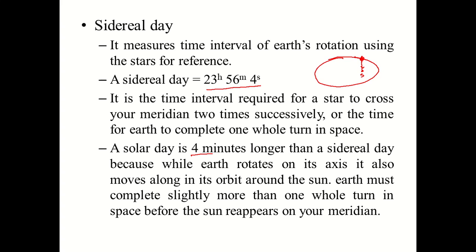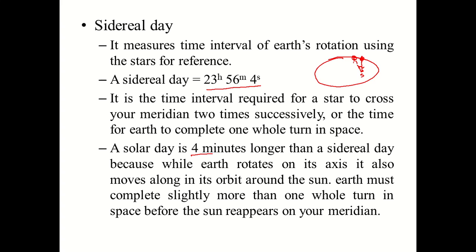So in one day, the angular distance moved by the Earth will be less than a degree, just below 1 degree. Anyway, Earth will reach here. So when Earth completes its one whole turn in space, the meridian will be here.